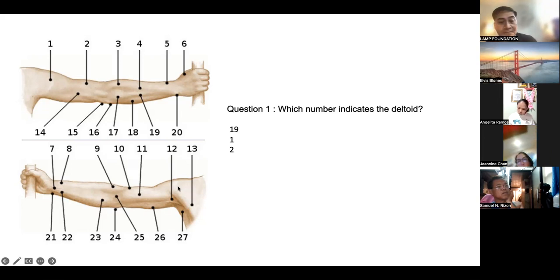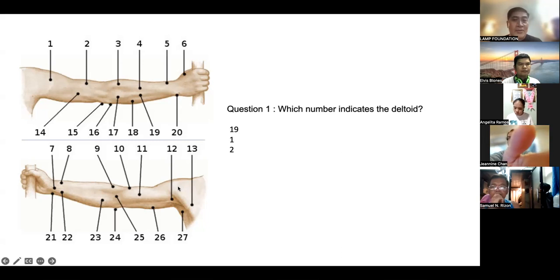Doc, hindi ko po kasi nasagutan lahat. Yung mga una lang yung ano ko. Okay. Sagutin nyo mamaya, ha? Mamaya yung week 2. Let's call Michael Rivera. Sir Michael Rivera, good evening.